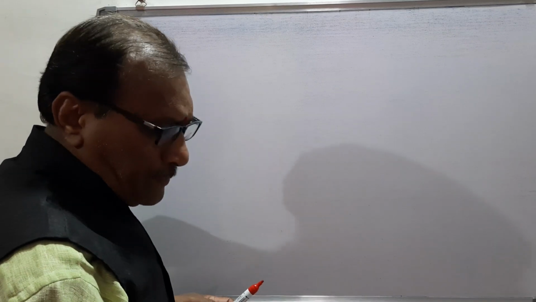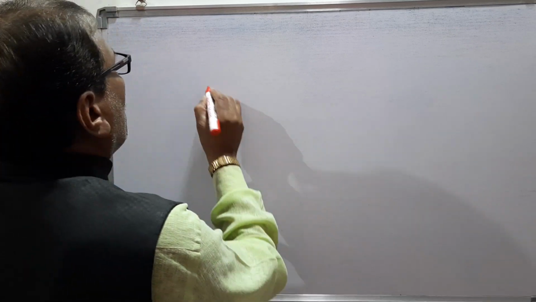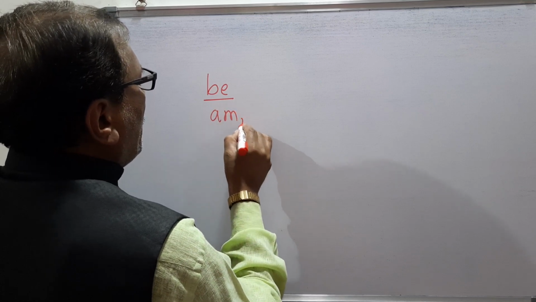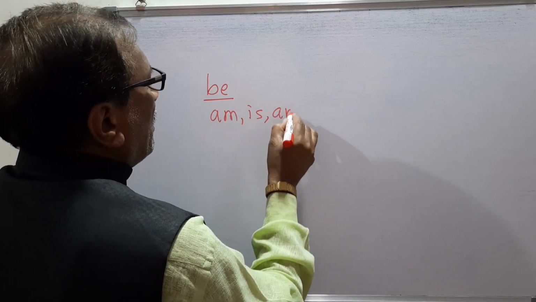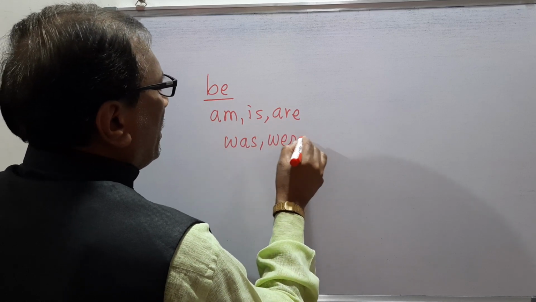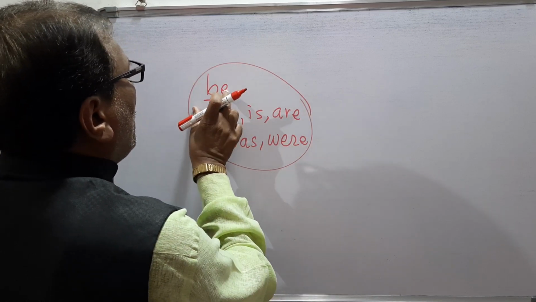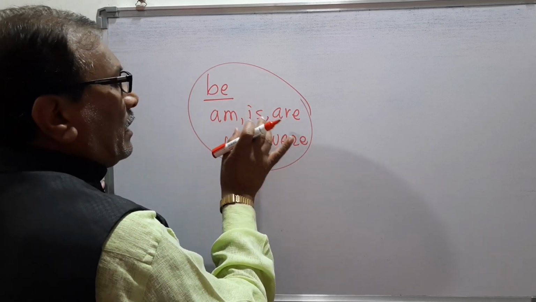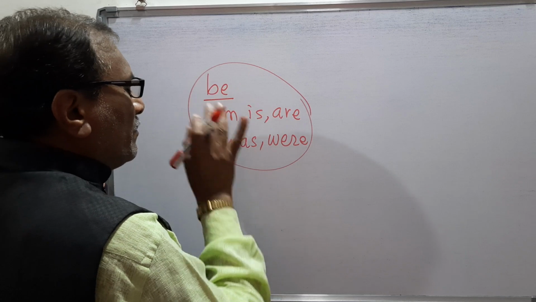So remember, we have seen be, and be's forms am, is, are and was, were. This be and these forms are helping verbs as well as main verbs.